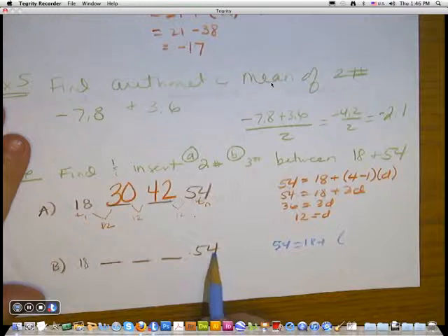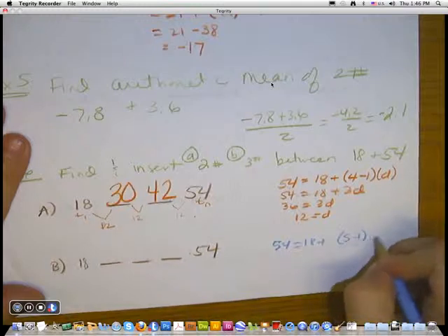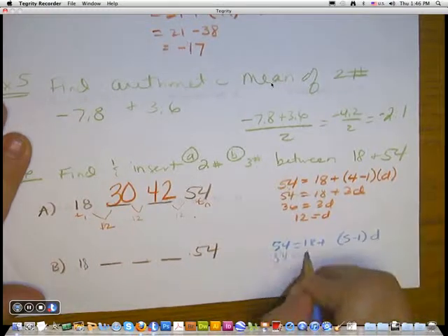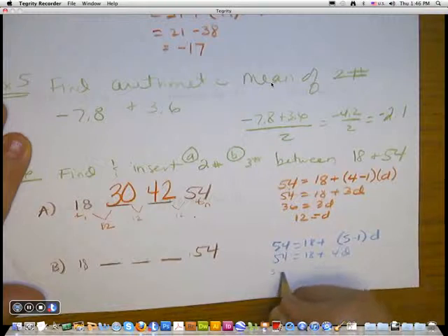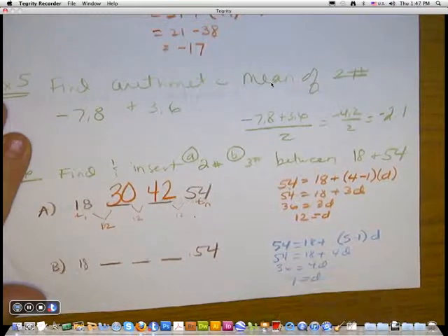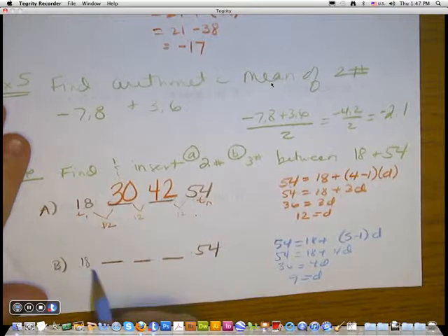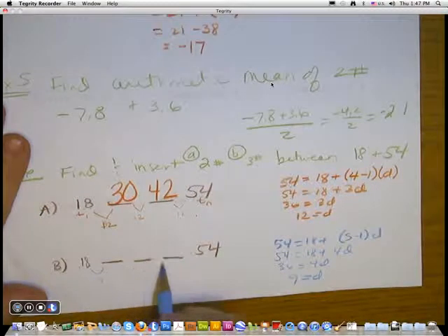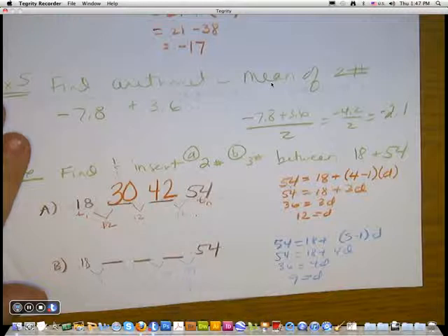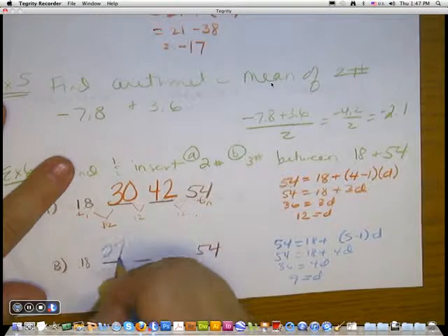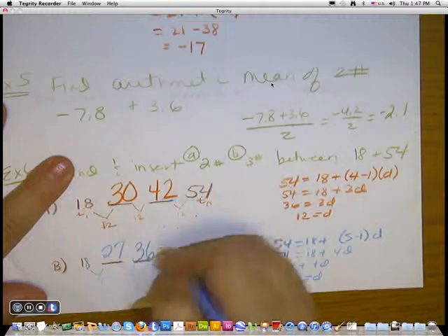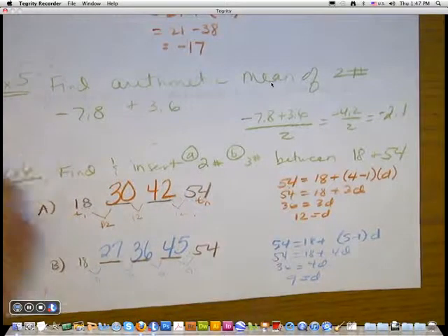1, 2, 3, 4, 5th term. So 54 is 18 plus 4d. 36 is 4d. The difference is 9. So I'm going to add 9, add 9, add 9, and at the very end I better add 9 and get the same thing. So I get 27, 36, and 45.